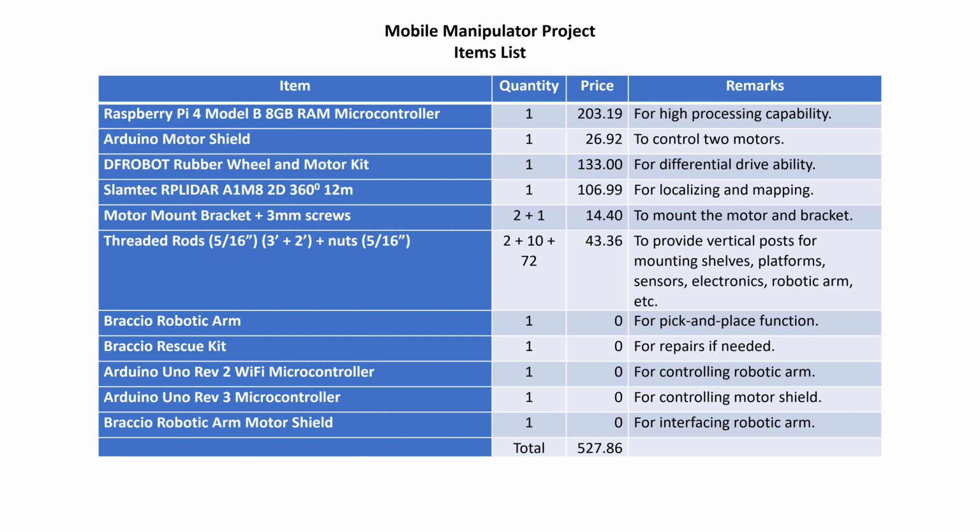Then I purchased some motor mount brackets with screws to mount the motor on the frame of the base. And then I also purchased threaded rods that you've seen in my previous sketch. I purchased quite a bit so I can adjust my structure as I need or find necessary.